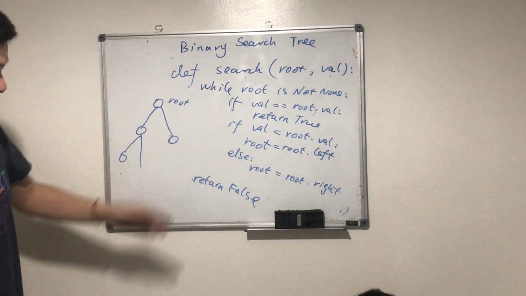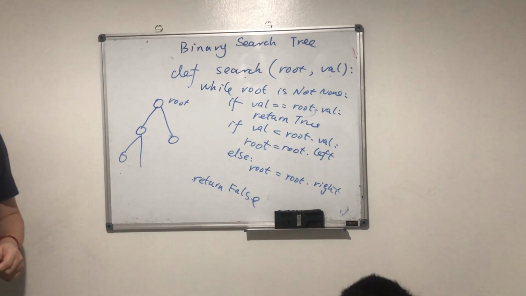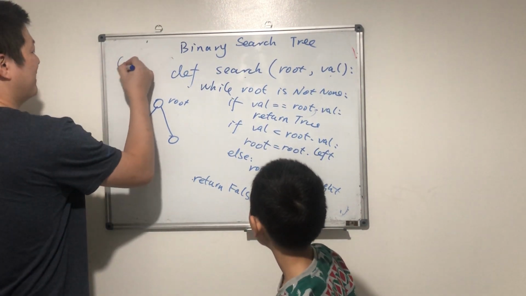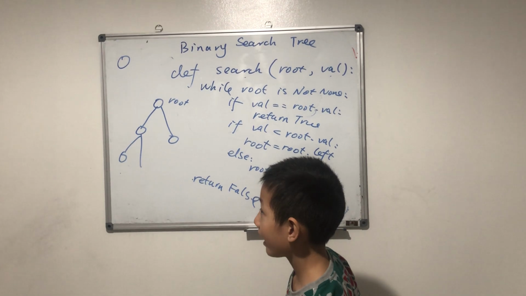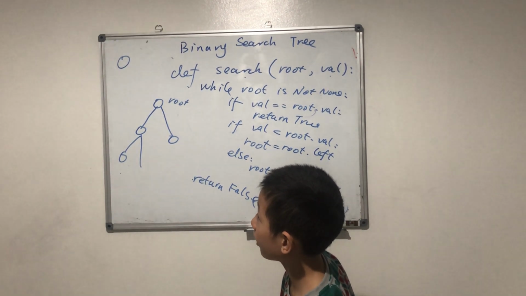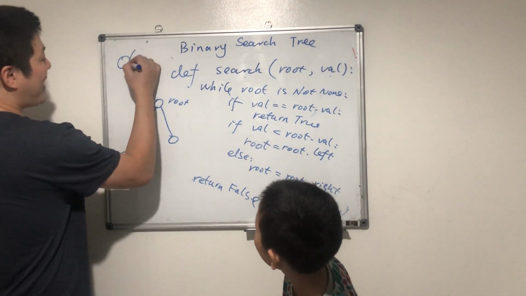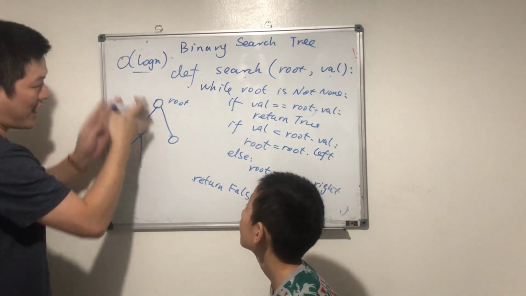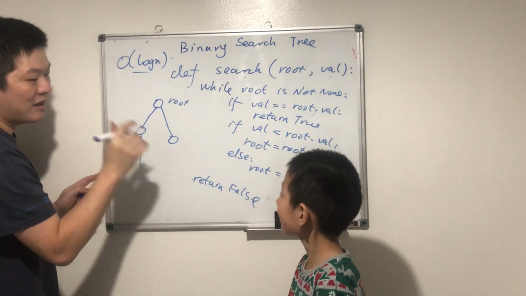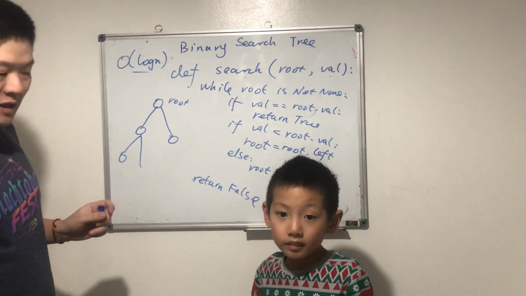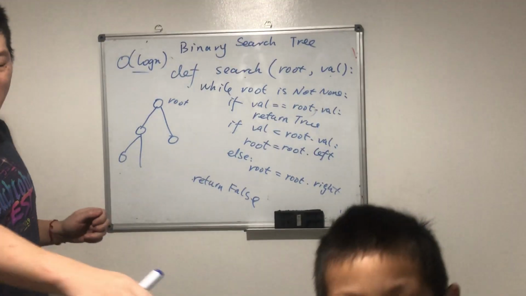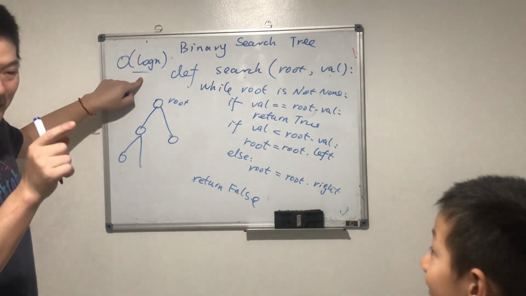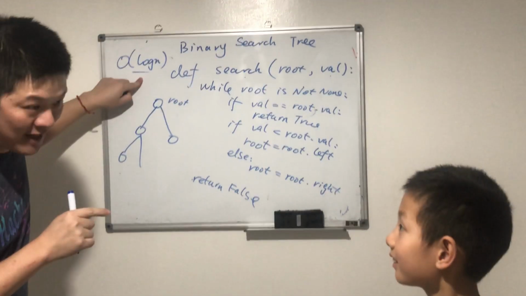Okay, so the complexity. It's O(log n). How do you see log n? Because every time we cut it in half. But okay, that's a special case.